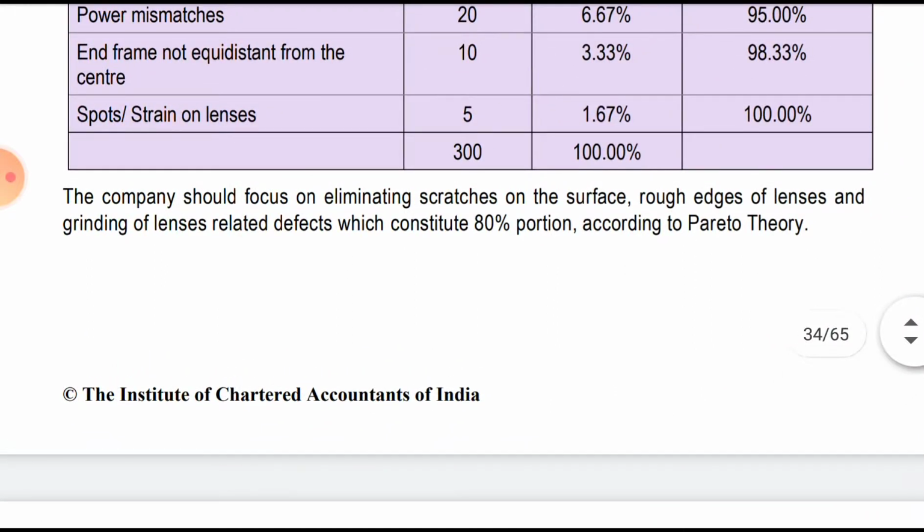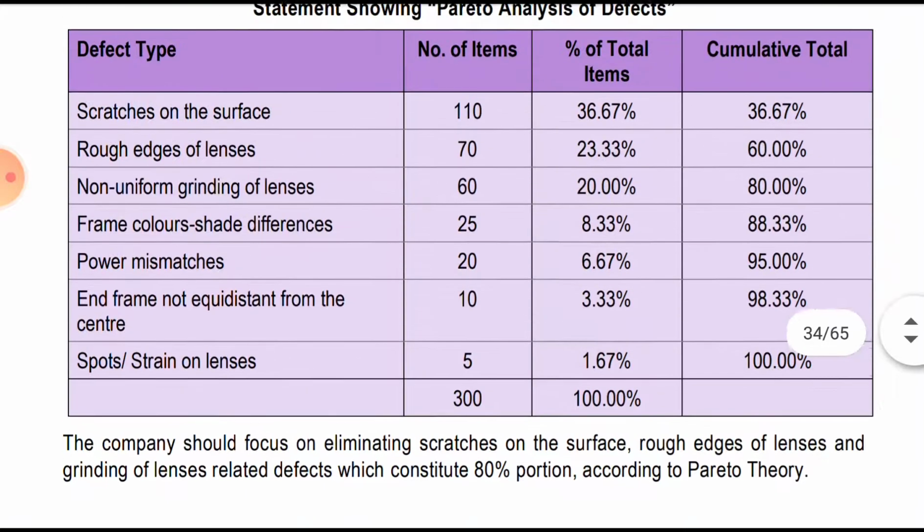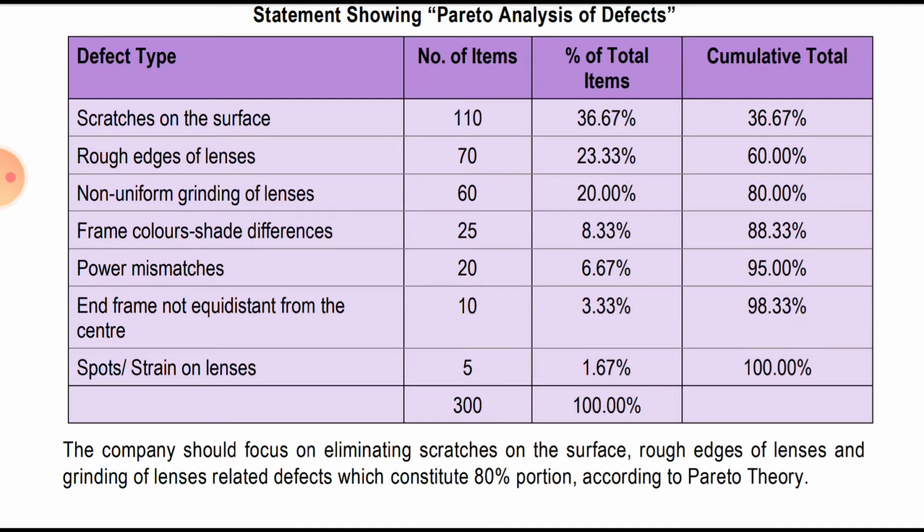What they have given is that the company should focus on eliminating the scratches on the surface, rough edges of the lenses, and grinding of the lens related defects, which constitute 80% according to the Pareto analysis. So the first three causes amount to 80%; though they are only 3 out of the entire 8, those 3 are causing 80% of the defects.